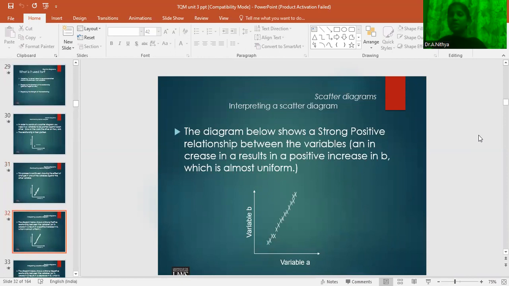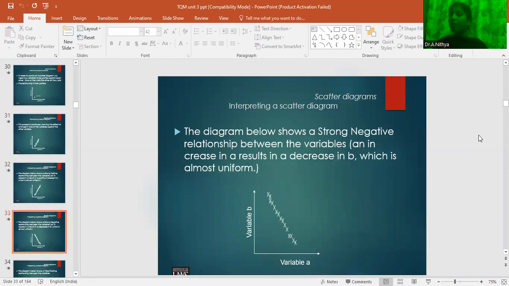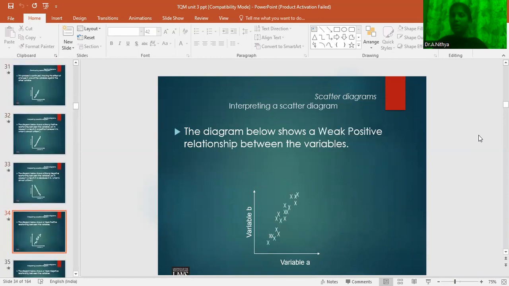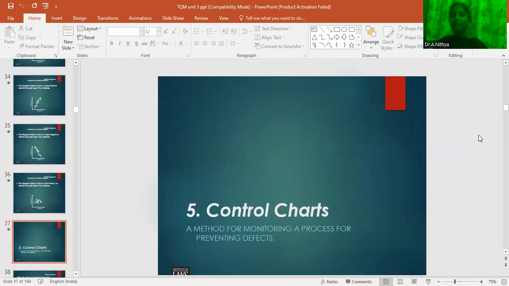This is a positive relationship between two variables A and B. This is a strong negative relationship between A and B. Here you can see a weak positive relationship between two variables. This is a weak negative relationship between two variables A and B. Here there is no correlation between the variables.